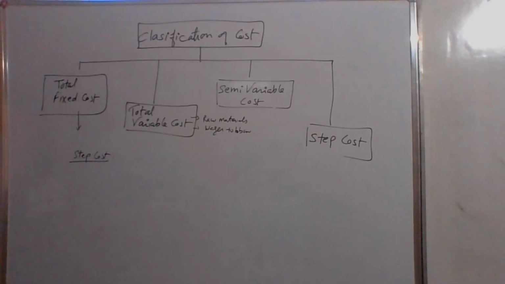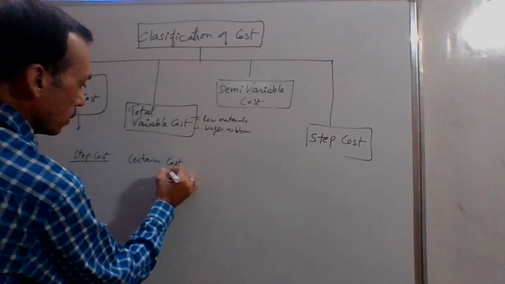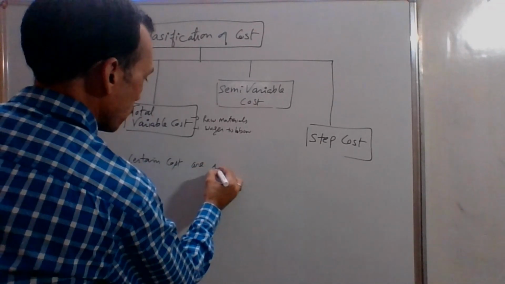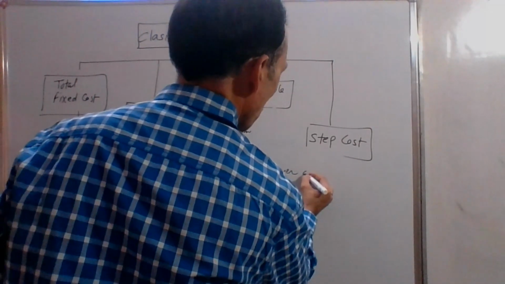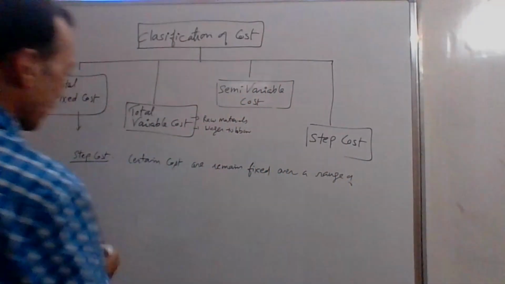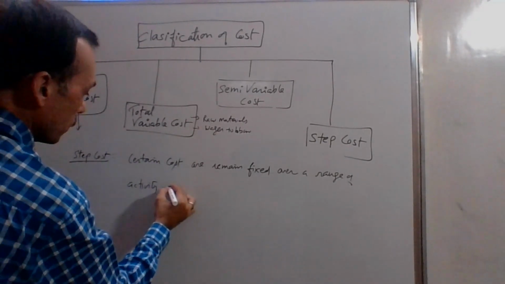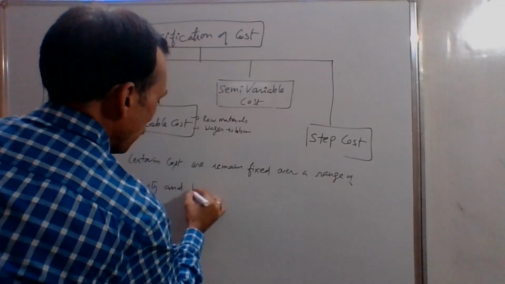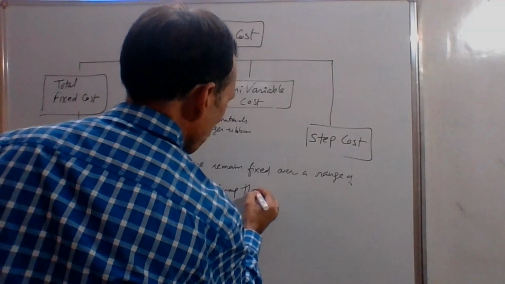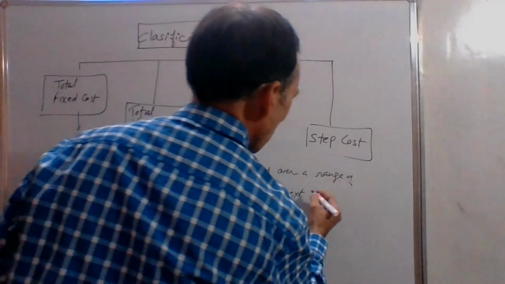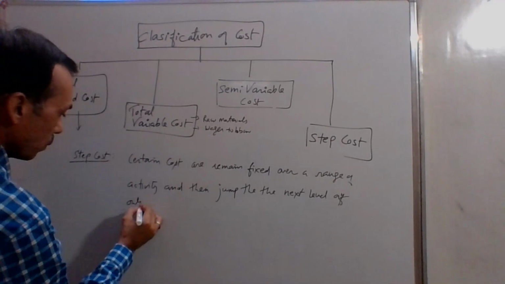The fourth cost is step cost. Step costs are certain costs that remain fixed over a range of activity and then jump to the next level of output change.